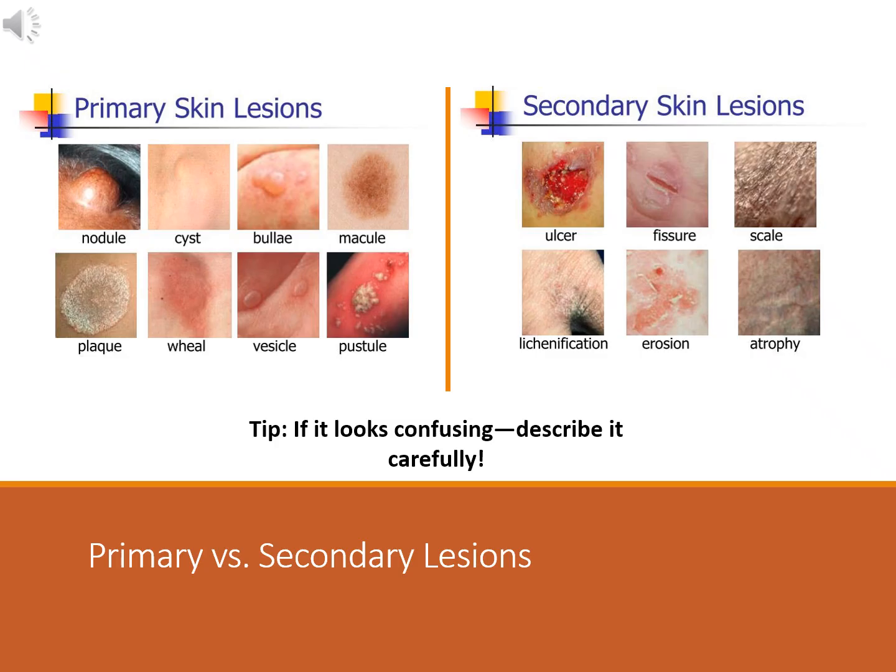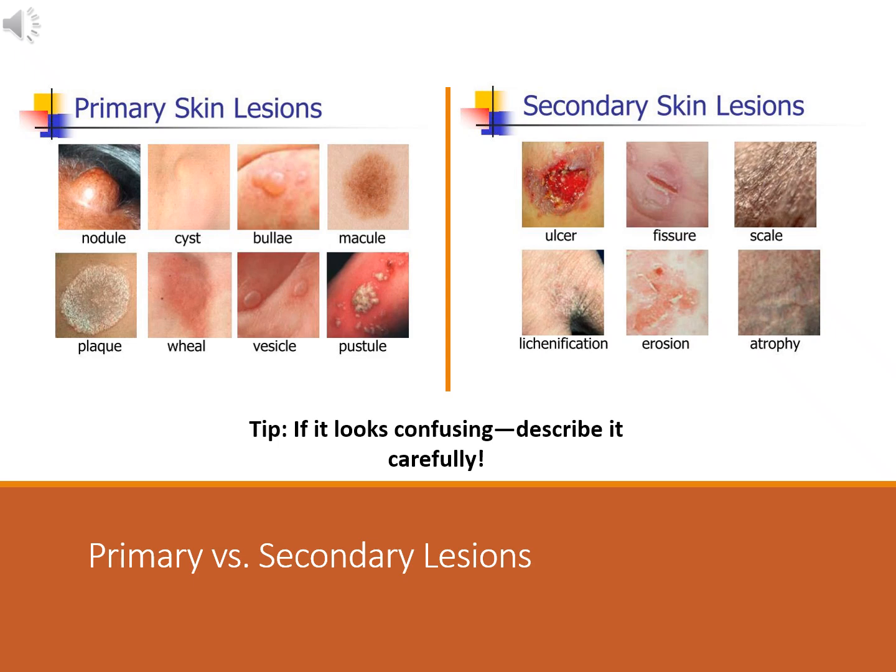Your erosion, this is where there is a breakdown of the skin. We oftentimes see this in chickenpox after the patient has scabbed over. So kind of that scabbed area that's dry and covered, but no longer having any drainage coming from it.